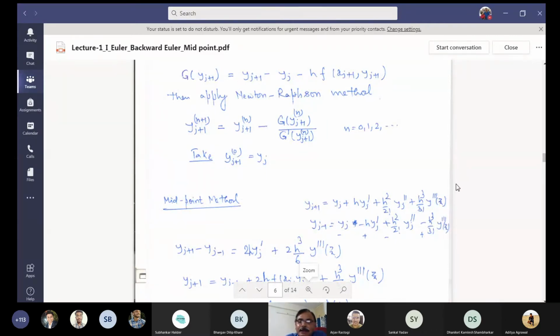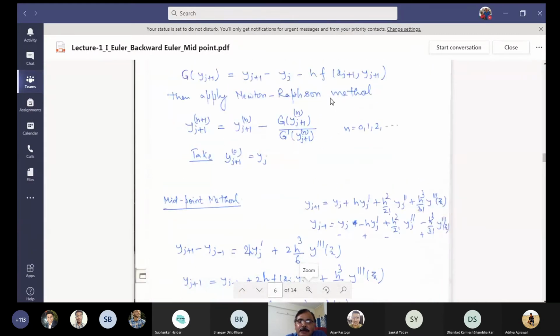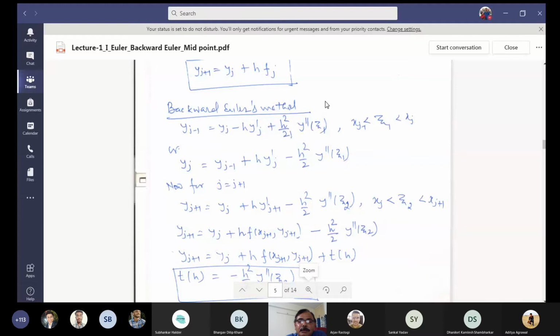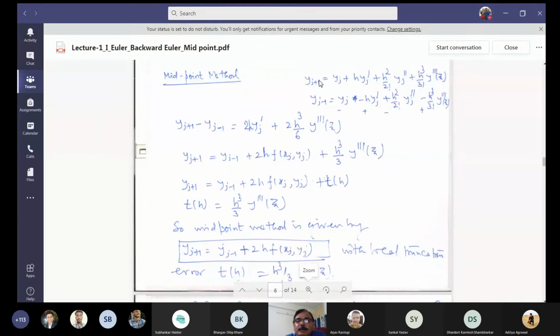Okay, next thing. This I have told on the last run also. I have written the Taylor expansion for yj plus 1. So here it is yj plus 1 equal to yj plus h yj prime plus h square by 2 factorial yj double prime.